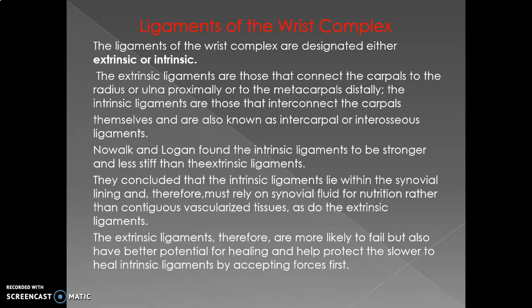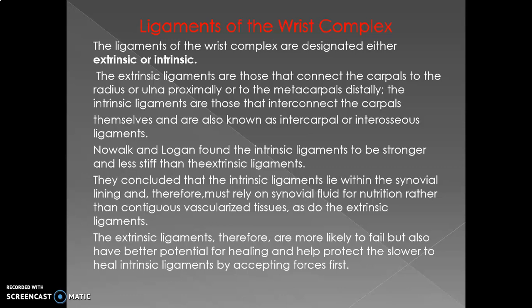We also call them extrinsic ligaments when they connect to the metacarpals distally. So the ligaments connecting the proximal carpal row to the radius or ulna are called extrinsic. Also, the ligaments connecting the distal carpal row to the metacarpals are also called extrinsic ligaments.